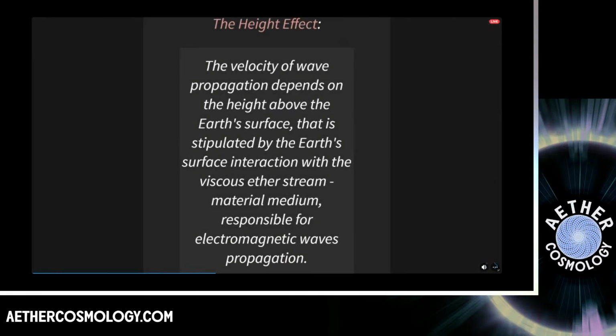All right, the height effect. The velocity of wave propagation depends on the height above the Earth's surface. That is stipulated by Earth's surface interaction with the various ether streams of material medium that is responsible for electromagnetic propagation. So the height effect, or the altitude effect, is that electromagnetic propagation will be higher at altitude, right?